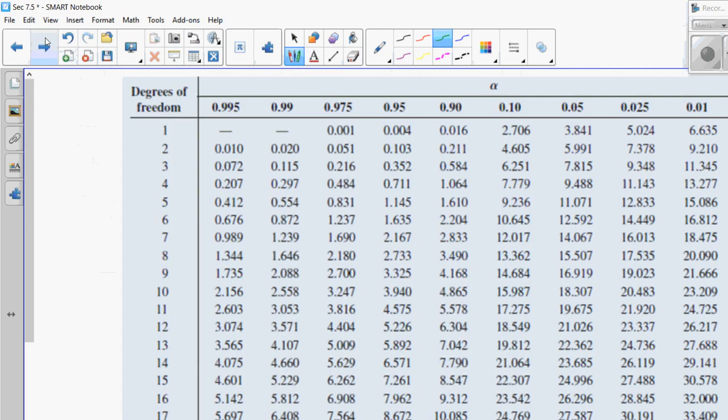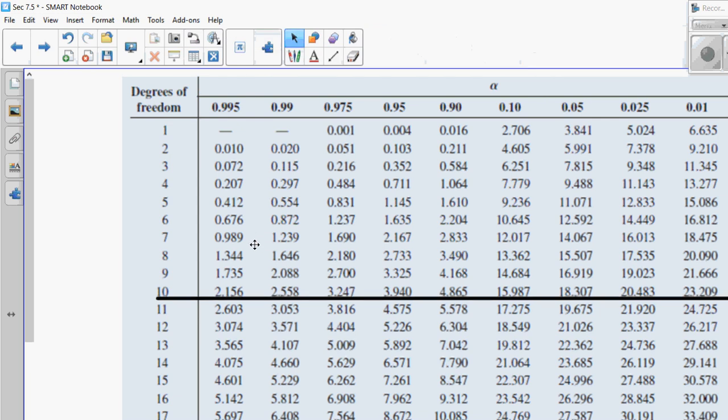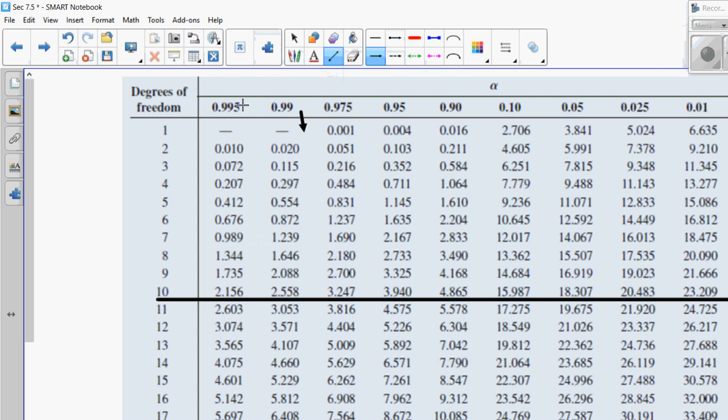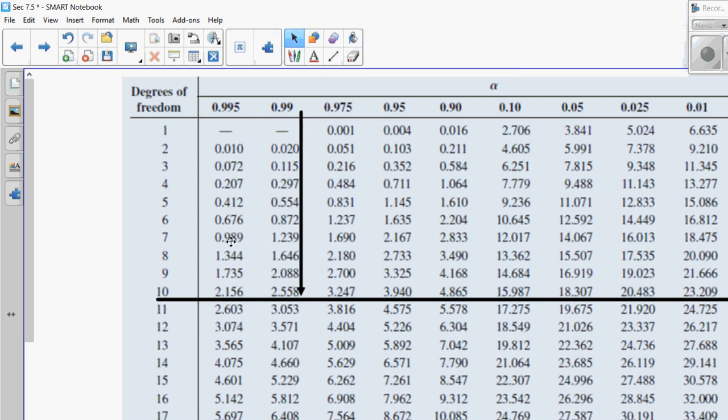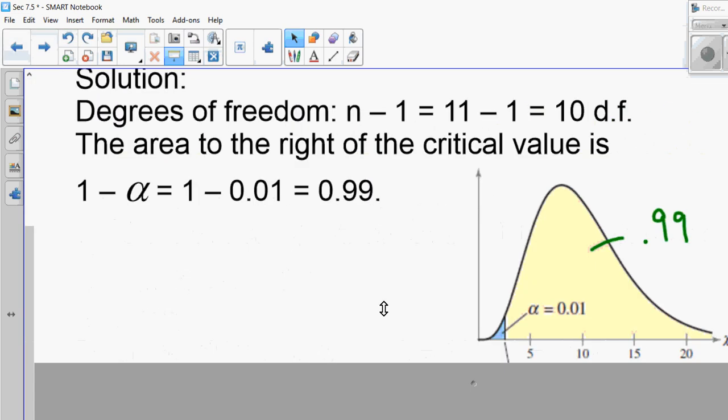Before we show the answer, let's go over here. We are in the 10 row, so we go across here. Then we are in the 0.99 column, so we come down, and our value is 2.558. That is our chi-squared critical value.